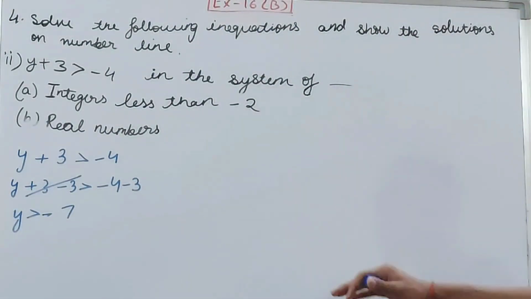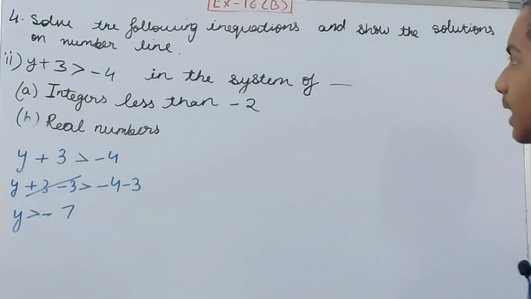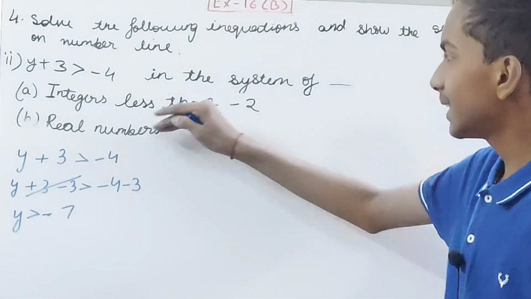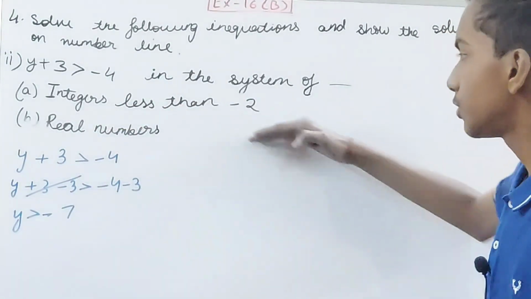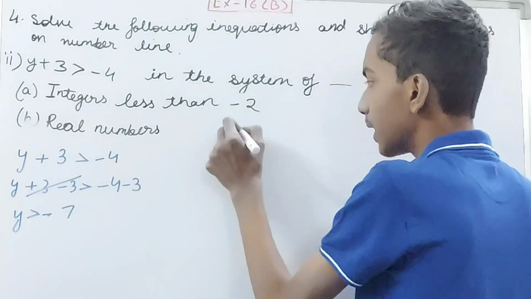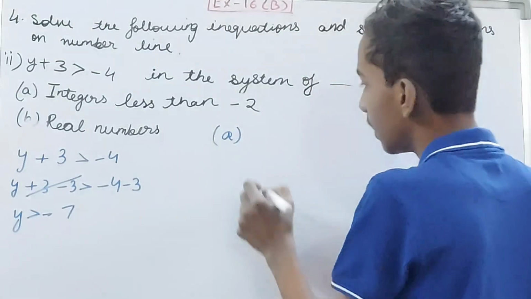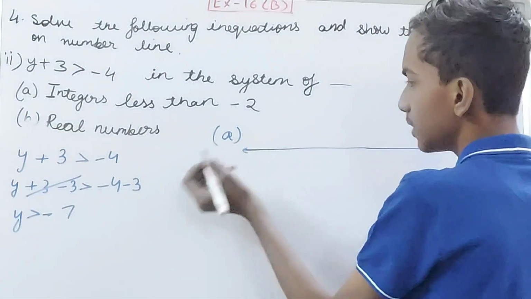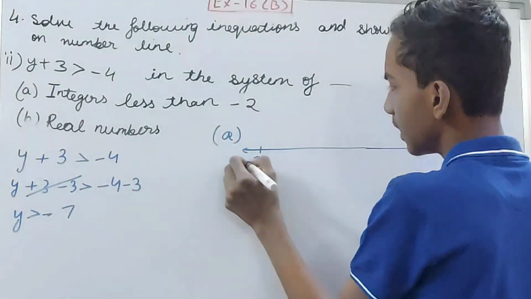Now it is saying to mark this on the number line also. First, it is given integers less than minus 2. For part A, what will our number line become? I'll begin from here, let's begin from minus 8.